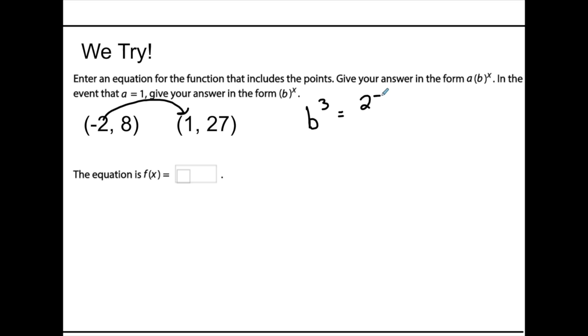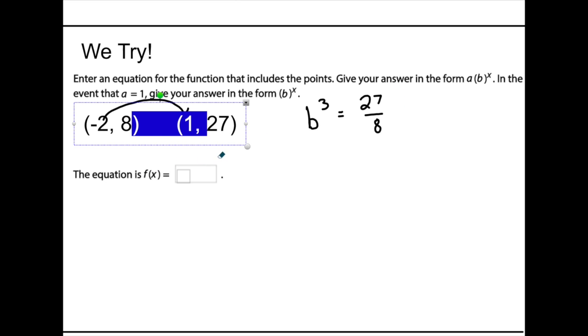do 27 over 8. If I take 27 over 8 and I multiply this by 8, you can see I get 27. So this is literally a number that you multiply by 8 that gets you to 27. So how do you get rid of a cube? You use a cube root.